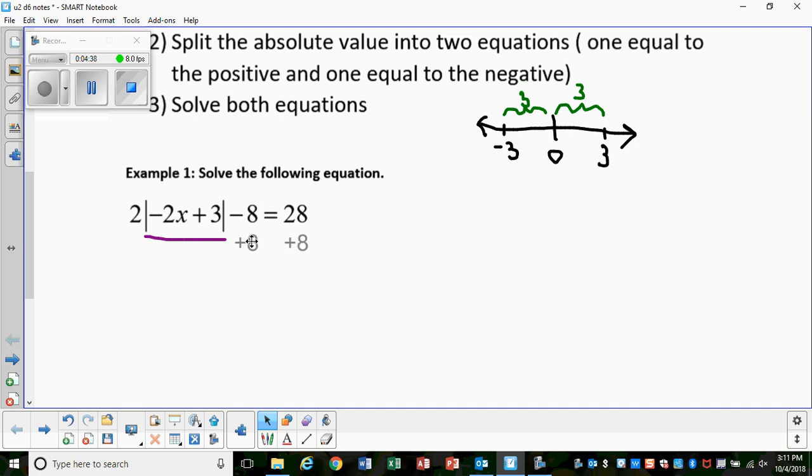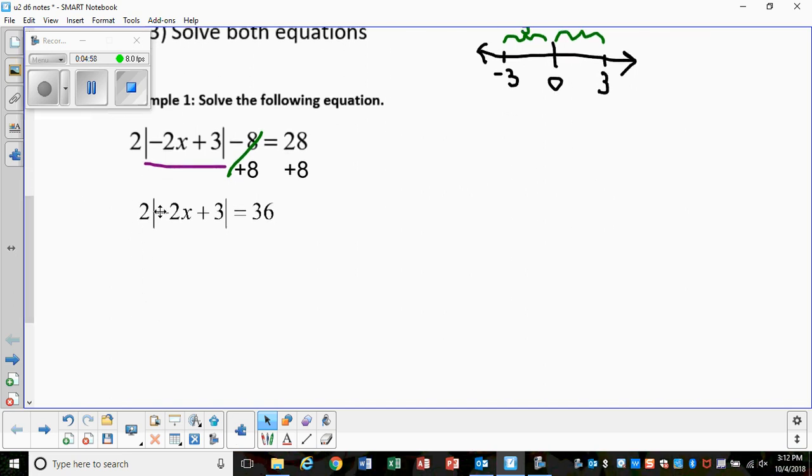So you go ahead and add 8 to both sides. These 8s will cancel out. So I'm left with 2 times the absolute value of negative 2x plus 3 is equal to 36, because that's what I get when I add it. Now I can undo this 2, and I can just divide both sides by 2. Alright?